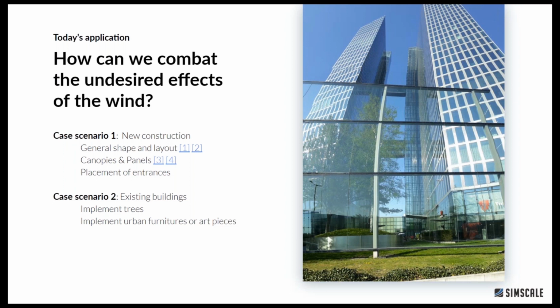Of course, there are some strategies in building design to mitigate the effects. You see that we can create panels and canopies. We can orient entrances in a different way.